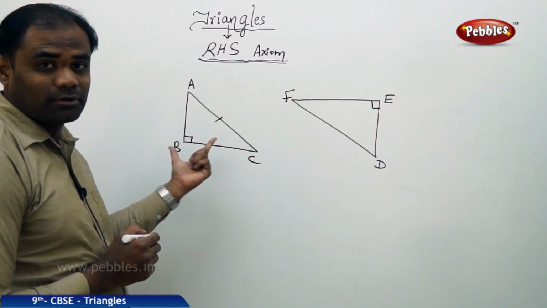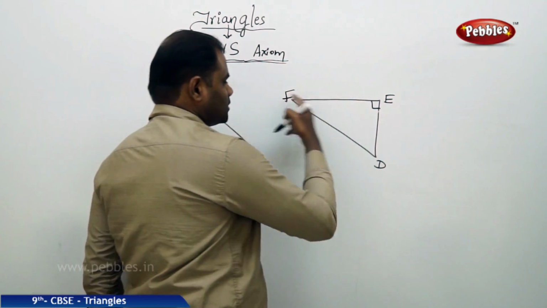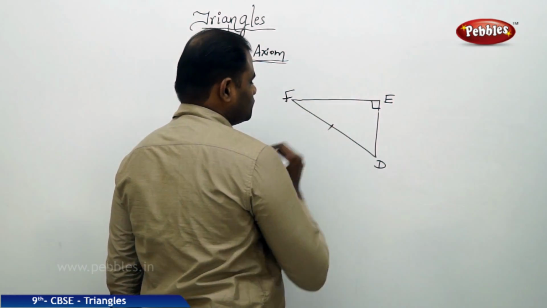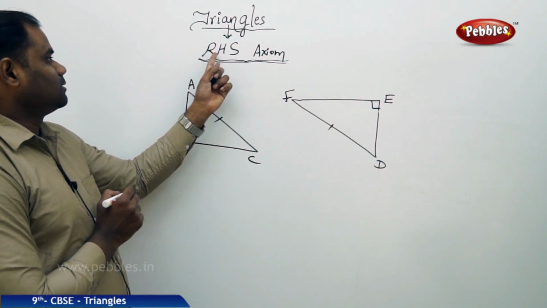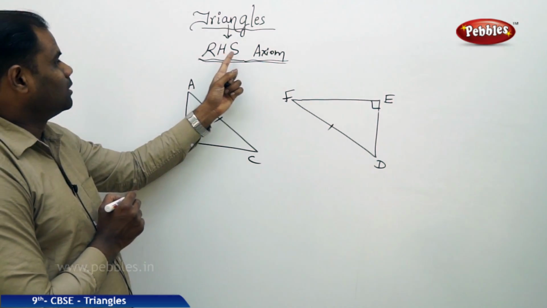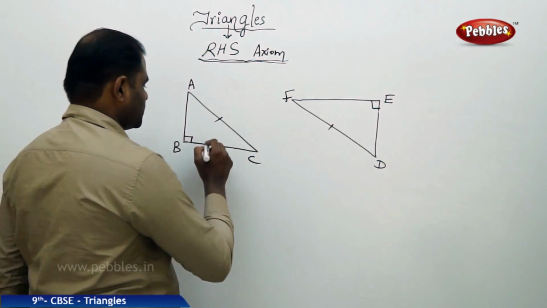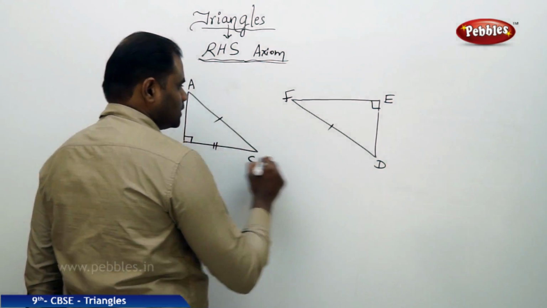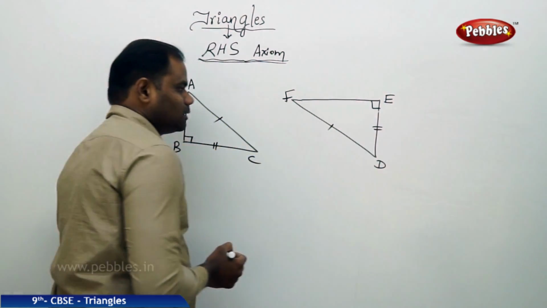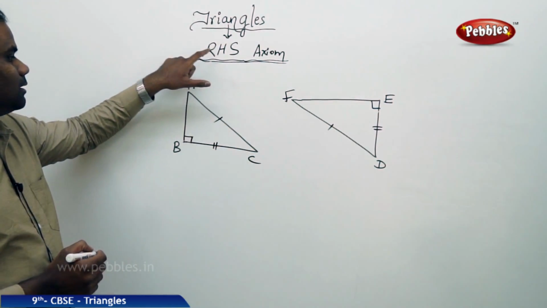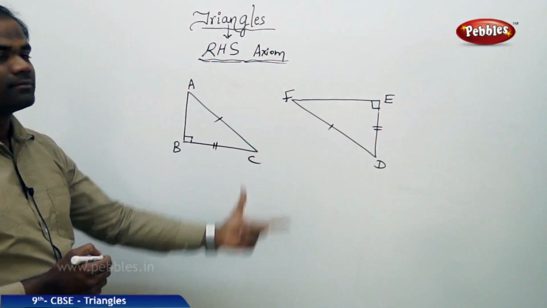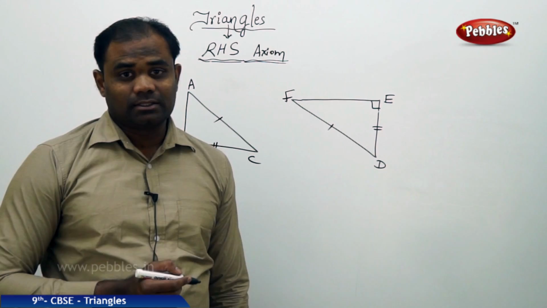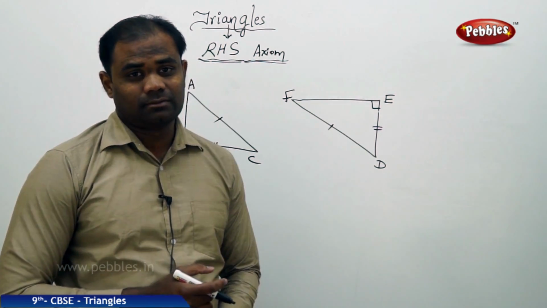So AC is the hypotenuse for the first triangle and FD is the hypotenuse for the second triangle. So if the two angles are right angles and if the hypotenuses are equal and one side is equal, say my BC is equal to ED, then by right angle, hypotenuse and side, I can say that the two triangles are congruent.